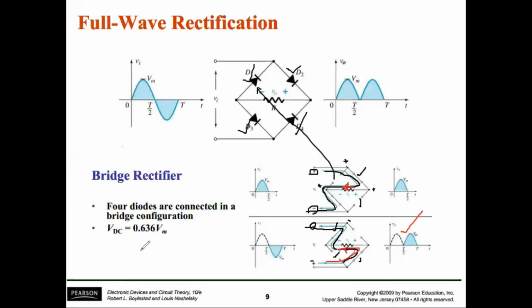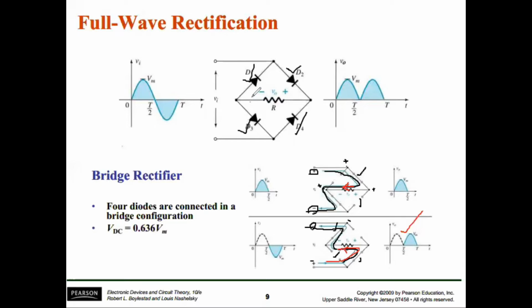These are basically the four diodes which are connected in a bridge configuration, and these are giving us full wave rectification. I think it is clear, because here the only load resistor is this one.